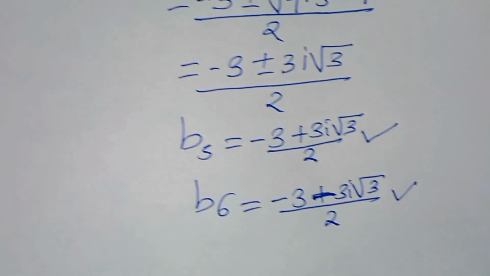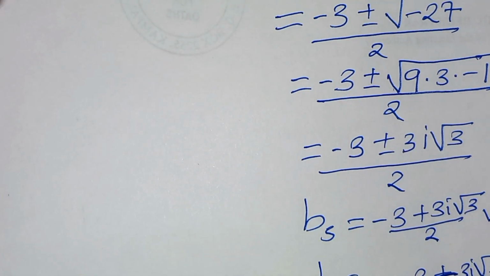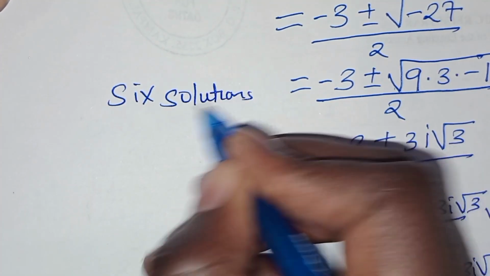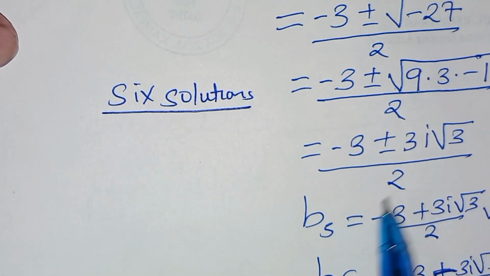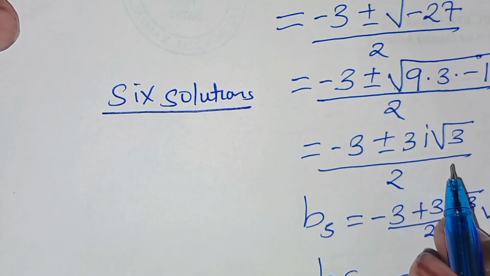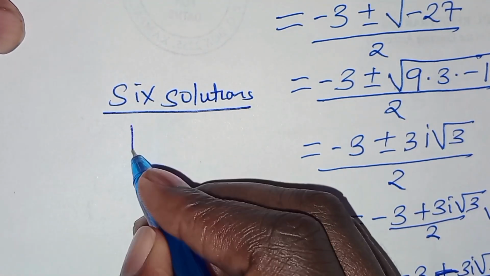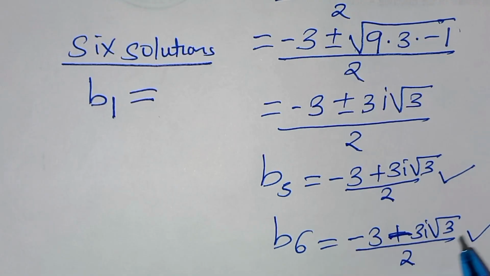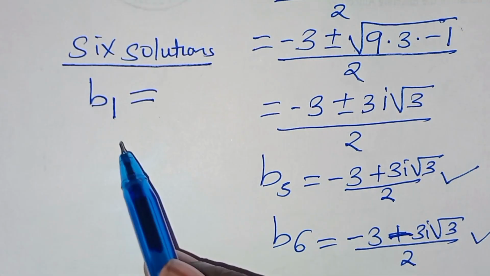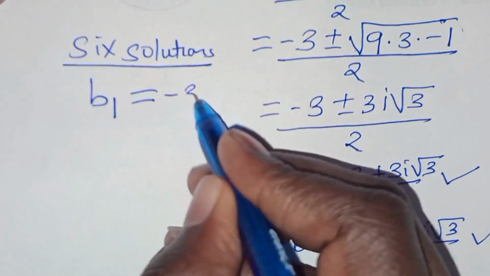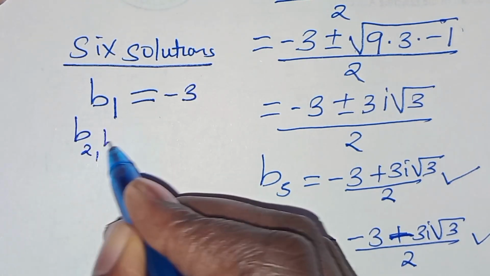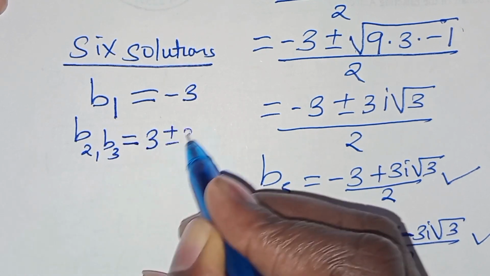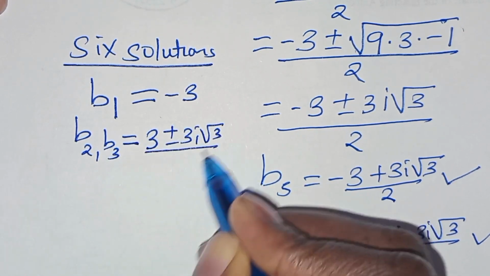So this implies that we have 6 solutions to this exponential problem. b1 is equal to minus 3. b2, b3 is equal to 3 plus or minus 3i square root of 3 divided by 2.